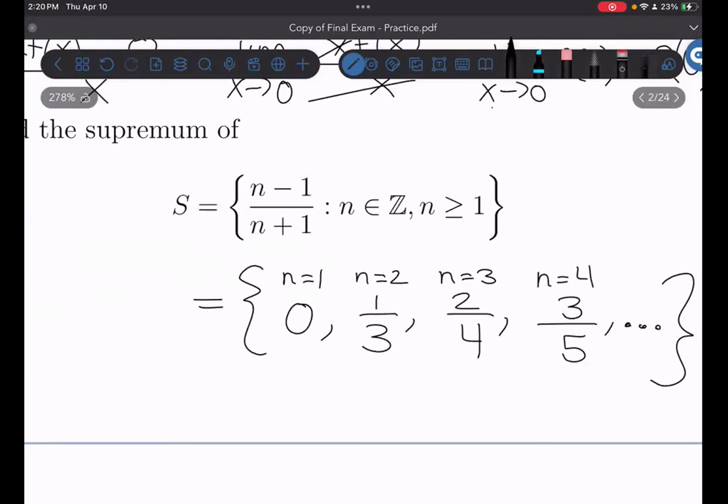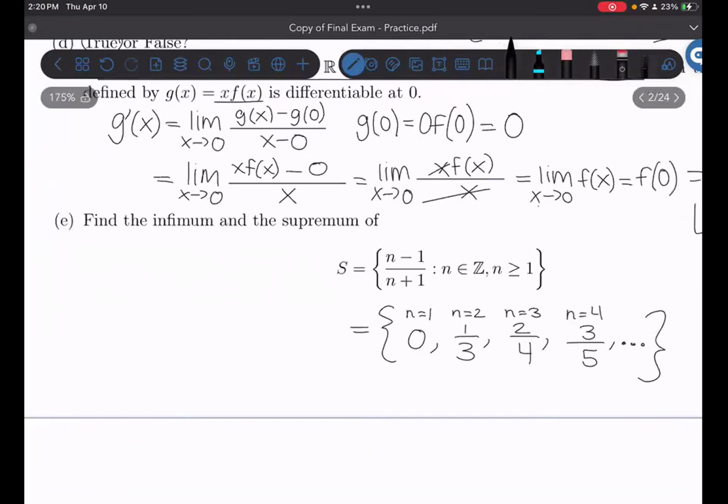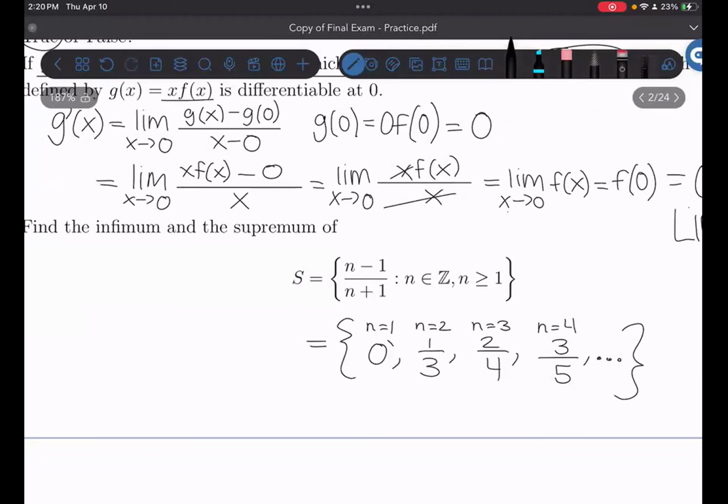So right now, we can figure out the infimum very easily. It would be 0 because as n approaches positive infinity, it just keeps getting bigger and bigger, right? The values would just be positive, always greater than 0. So 0 is the minimum element in the set. So your infimum would be 0.